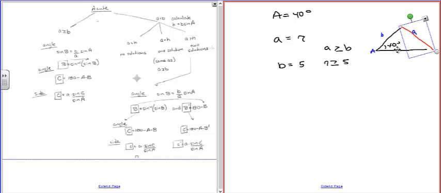We don't know this side, so it can go out forever, but it does define one side of this angle. So I could draw that out and I get one solution.